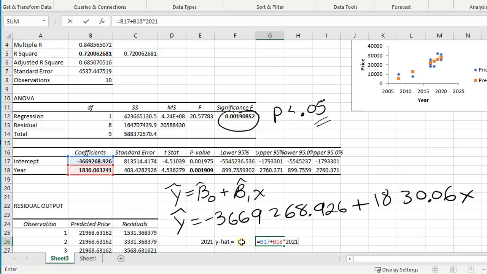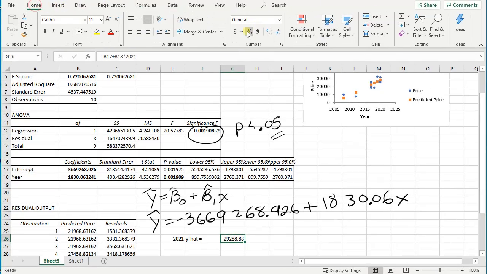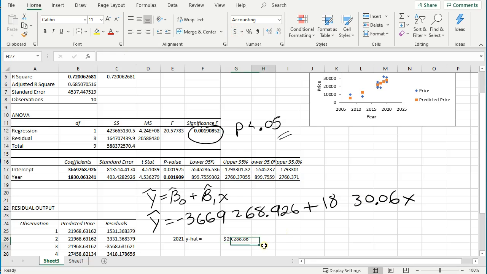So this is the y hat value at 2021. Press enter, and let me go home and make that into a dollar sign. So next year, I'm expecting these cars to cost me $29,288.